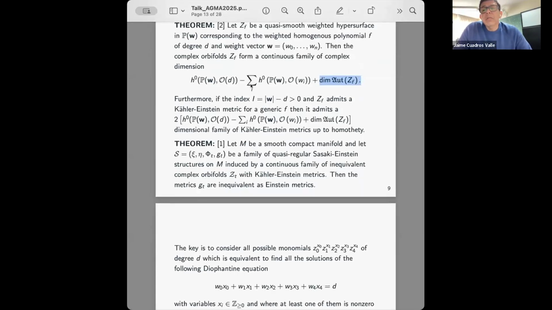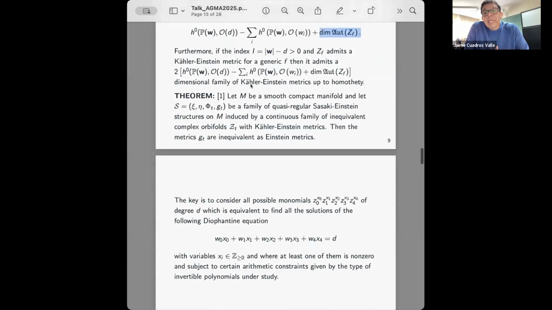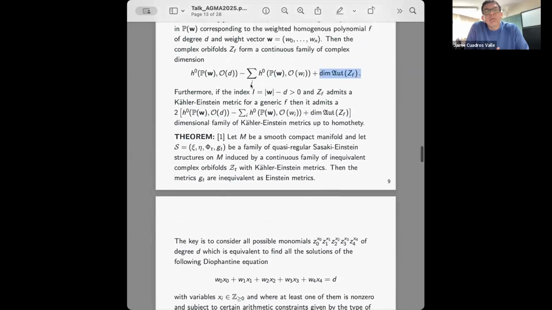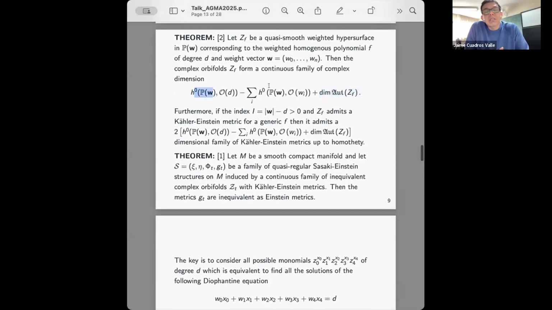And the second theorem tells you that if you want to look at the possible space of deformations of the quasi-regular Sasaki-Einstein manifolds, then you just have to look at the space of deformations of the orbifolds. So the key will be to understand actually this piece.